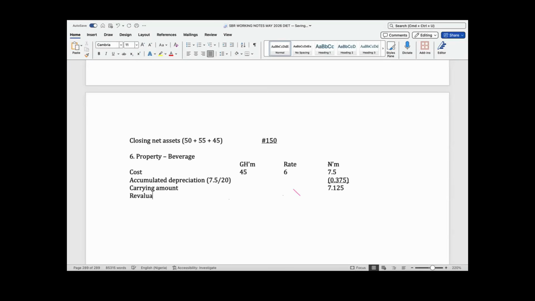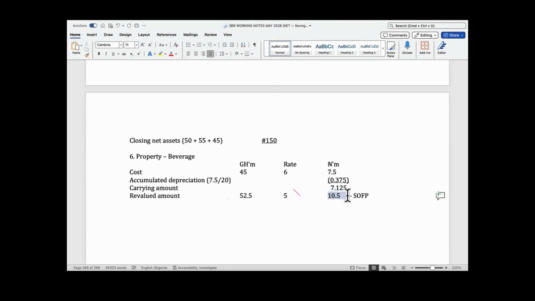Compared to the revalued amount. That's 52.5, translated at closing rate. How much is that? 10.5. Yes. Okay, so I need to know that this is what goes into my SOFP.